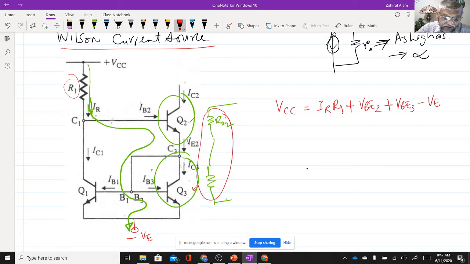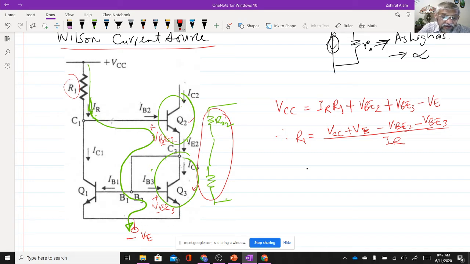This transistor is VBE3, this is VBE2. From this we can derive R1, which is VCC plus VE, all the power sources, minus VBE2 minus VBE3 divided by IR.